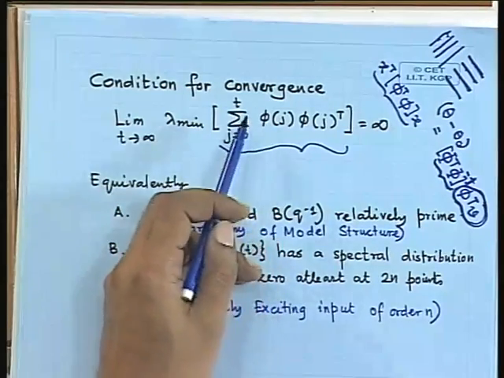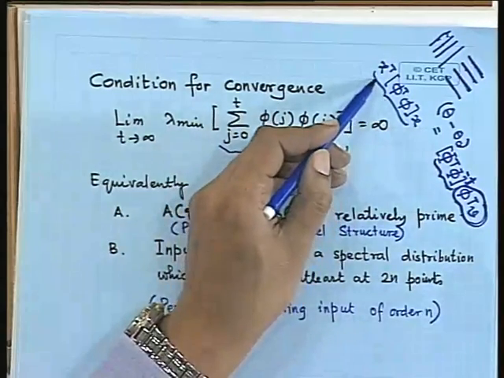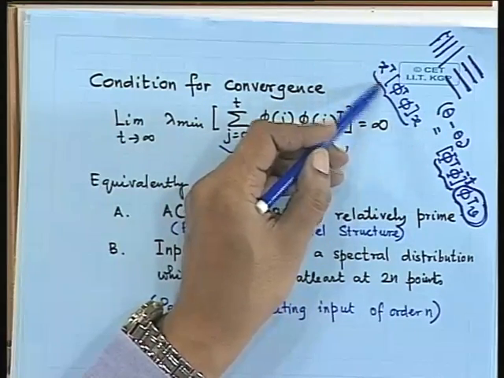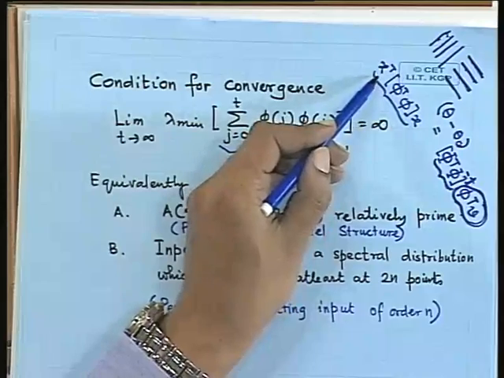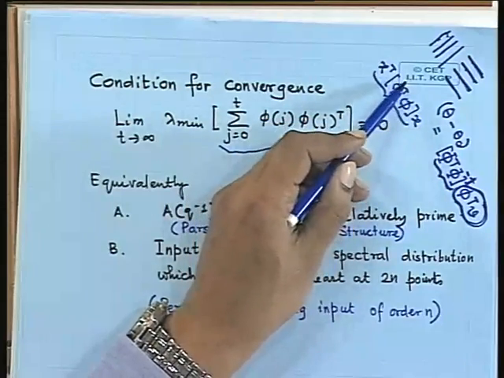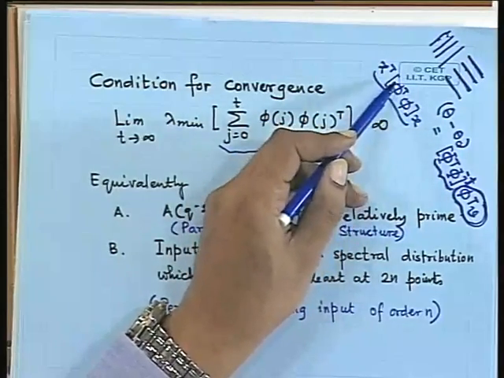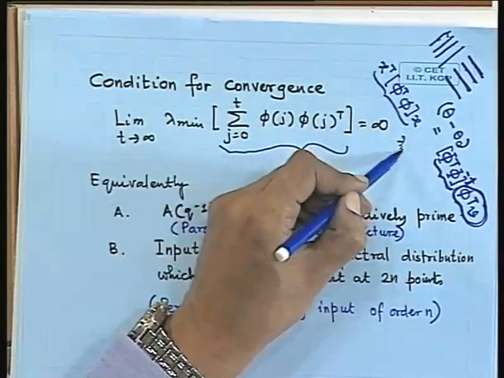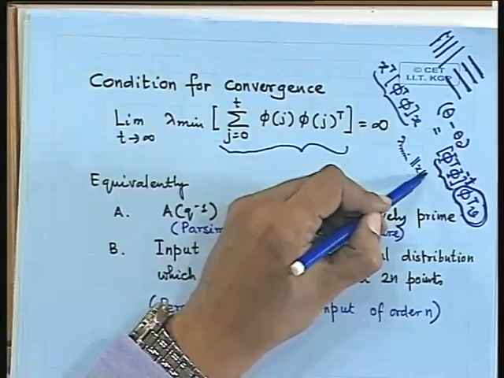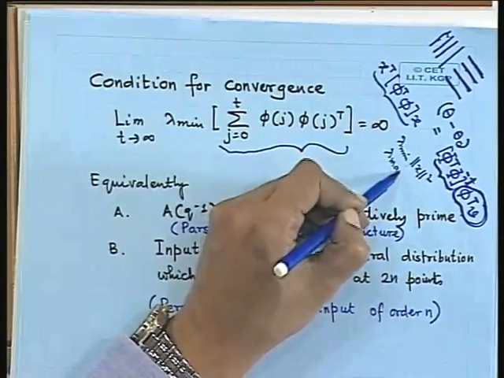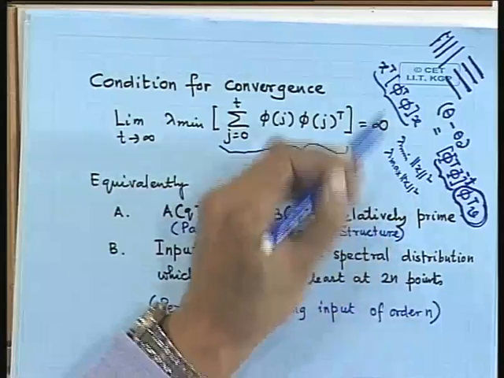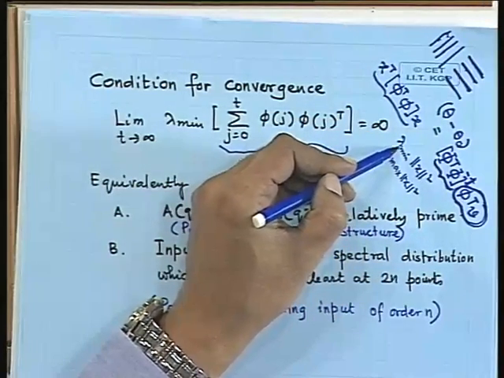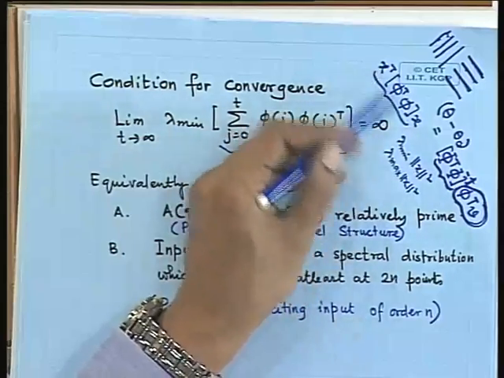So what you are requiring now, it is well known that for any vector x and any matrix A, x transpose Ax always lies between lambda min times norm of x squared and lambda max times norm of x squared.